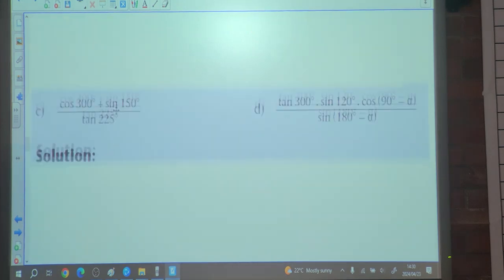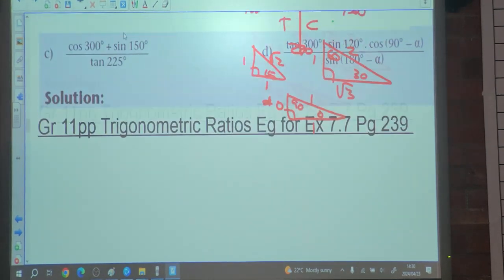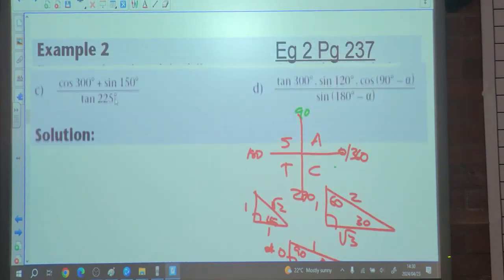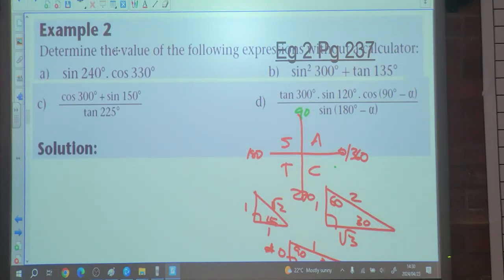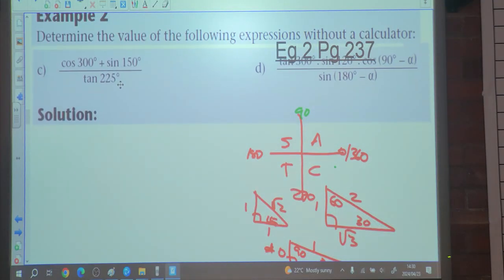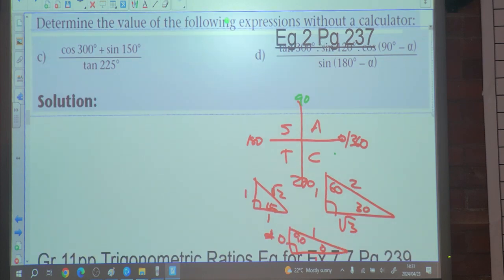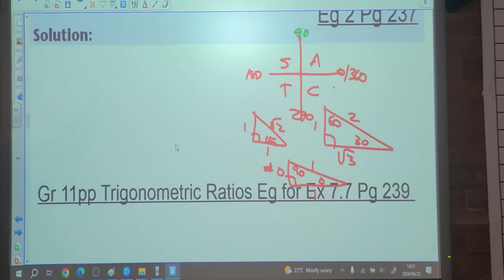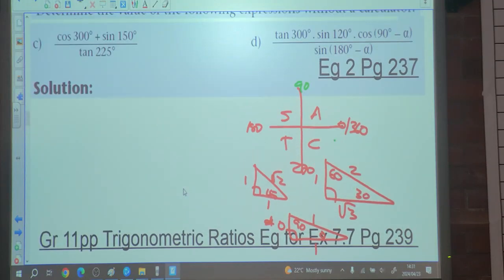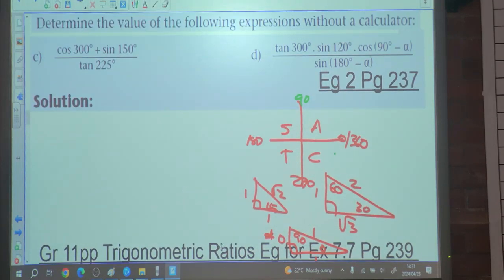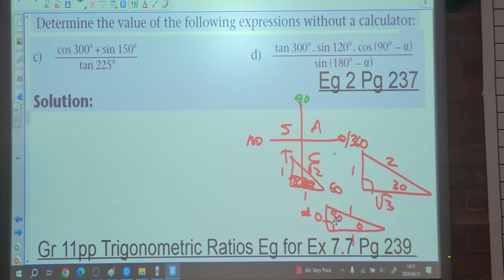Let's look at the next two sums dealing with the same instruction. Okay, so the question says, I'm just going to move this over.